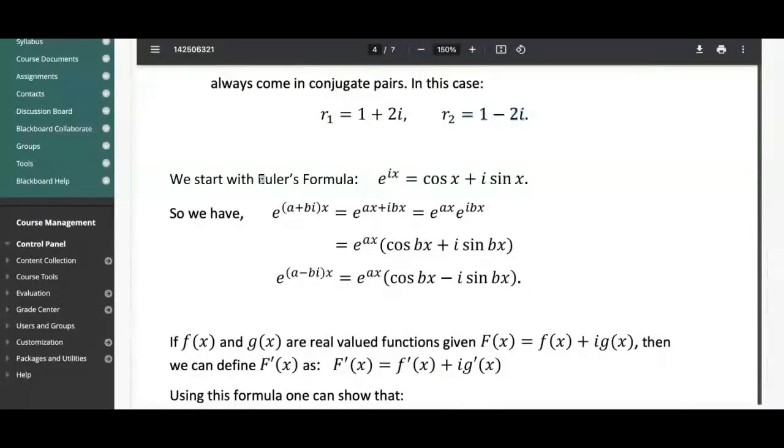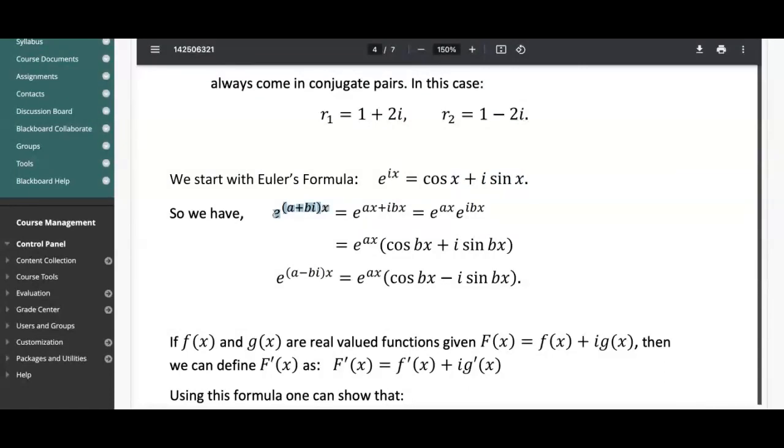So what do we do? We want to use Euler's formula. Euler's formula says e to the ix equals cosine x, the real part, plus i sine x, the imaginary part.